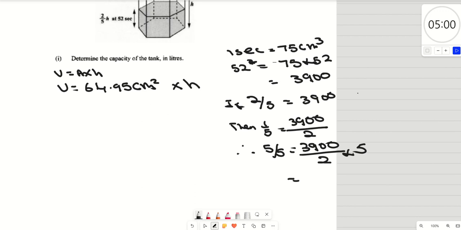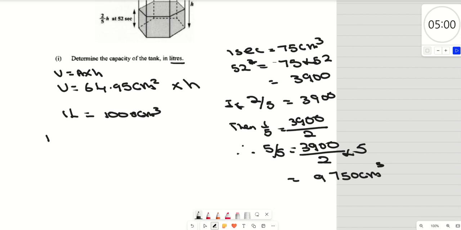When you do this, you're going to get an answer of 9,750 centimeters cube, right? But they told you they want it in what? Liters. So we know that 1 liter equals, this is one thing that you need to know, 1 liter equals 1,000 centimeters cube, right?